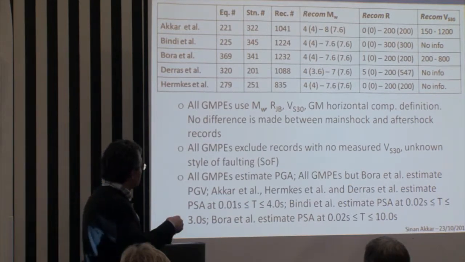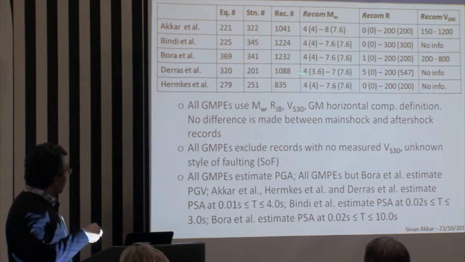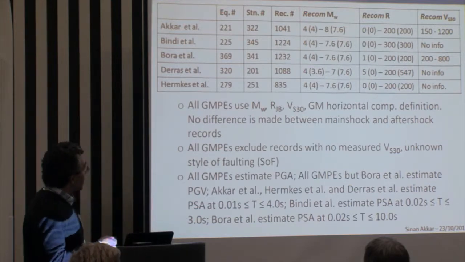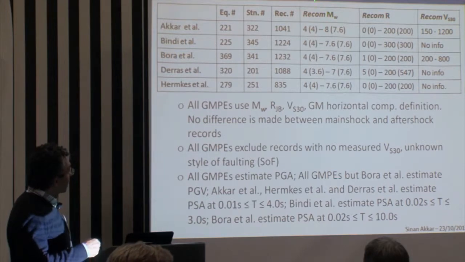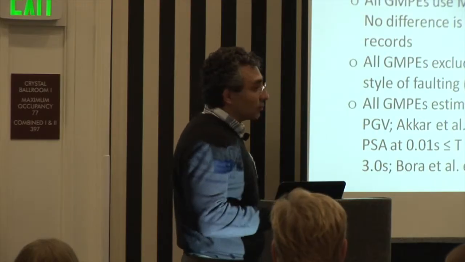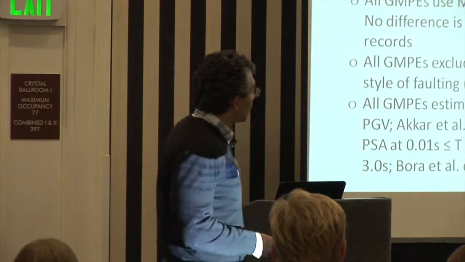Well, immediately, you can see that all the models except Hermkes et al. use data of more than 1,000 recordings. The recommended MW starts from a lower level of 4, and except Akkar et al., all of them recommend their model to be used up to magnitude 7.6.